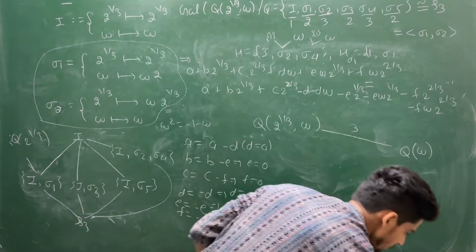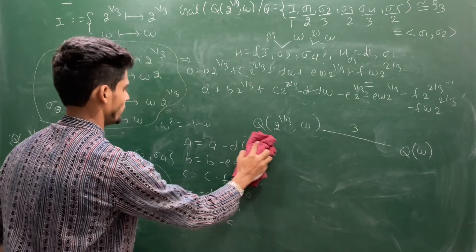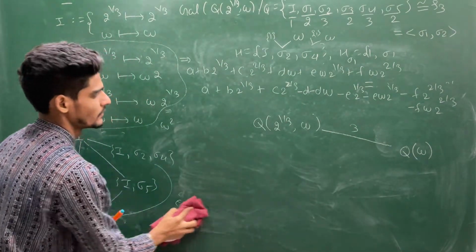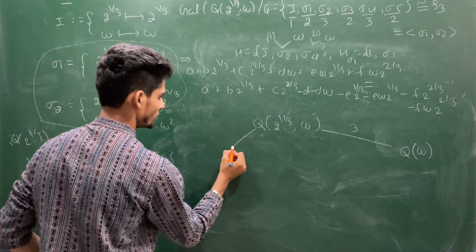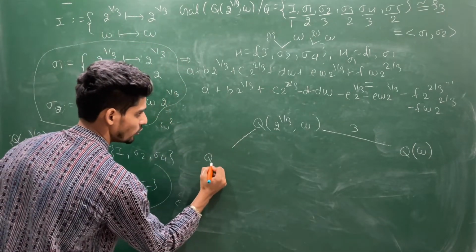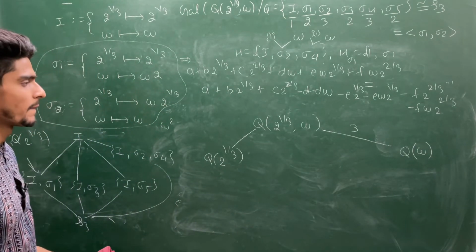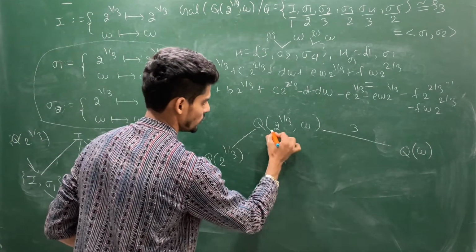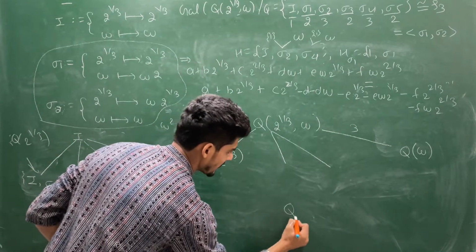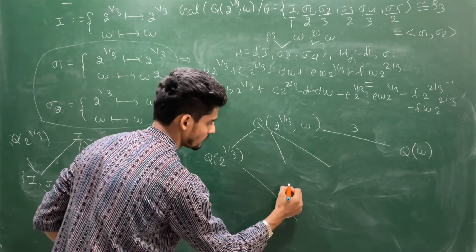So let me write this. Q adjoin 2 power 1 by 3. So you have to guess these three subfields, and this will be rational.